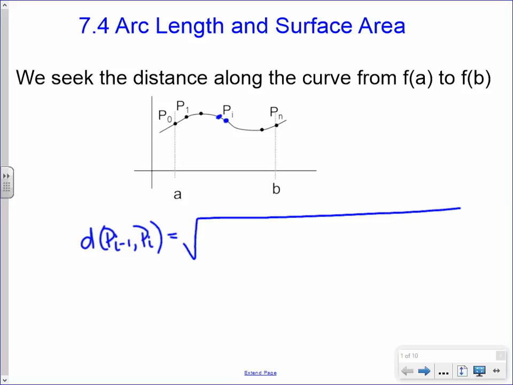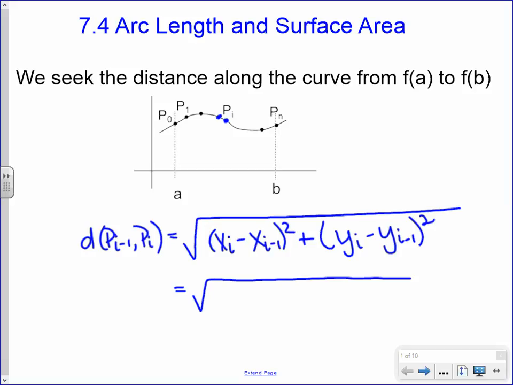Change in x squared plus change in y squared, right? It's like the change in x squared plus the change in y squared.